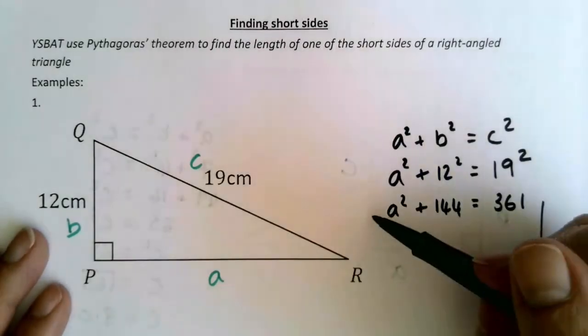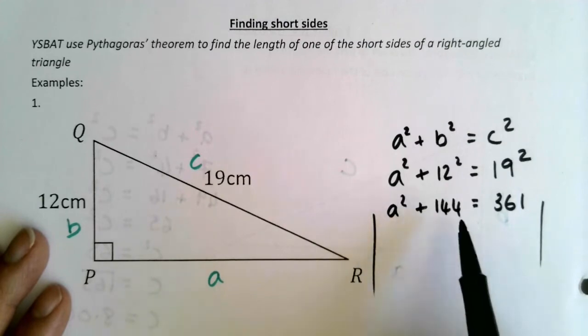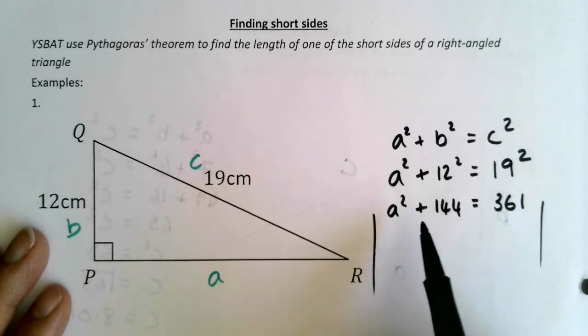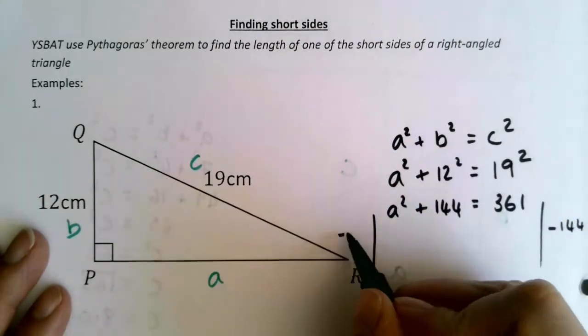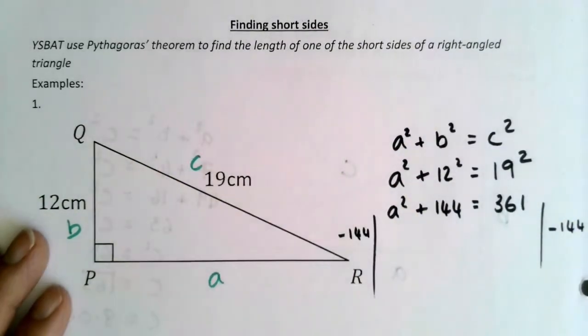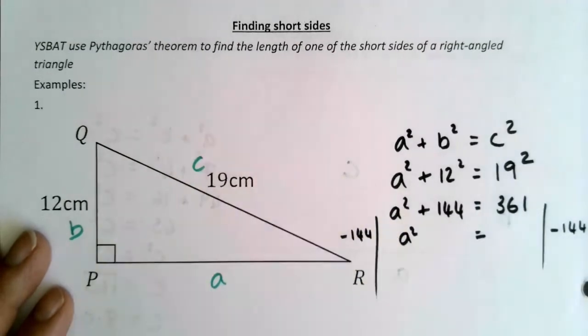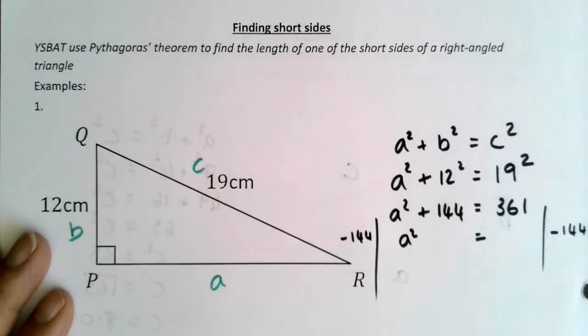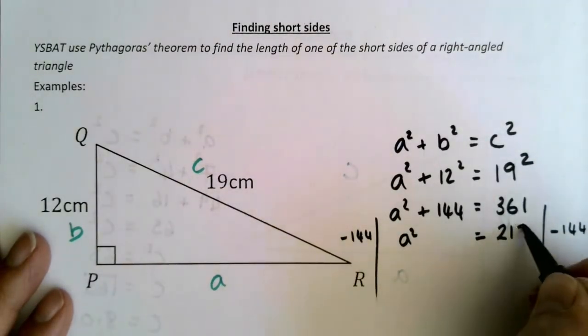So we can do our lines down both sides to say what we're doing. To get a on its own, the first thing we need to do is get rid of this plus 144, and the opposite of that is take away 144 from both sides. So on my left hand side, that leaves me just with a squared equals, and 361 take away 144 gives us 217.